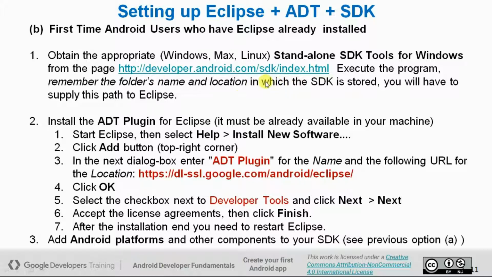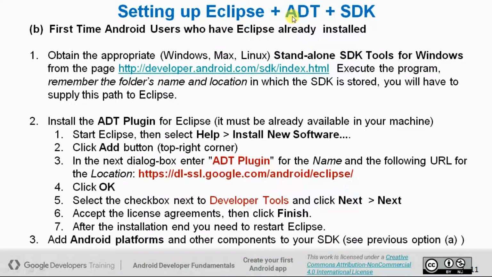You will get one zip folder. You have to download it. After downloading that, you have to create one folder and paste it there. Second step, after installing Eclipse, after downloading and extracting SDK, download the ADT plugin.